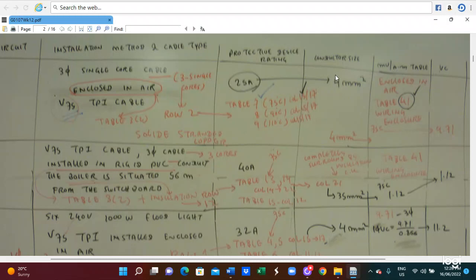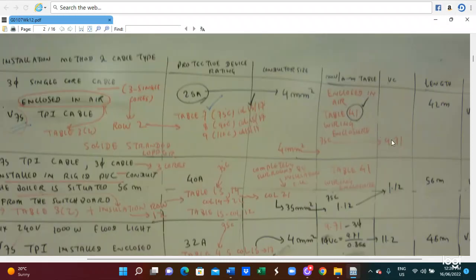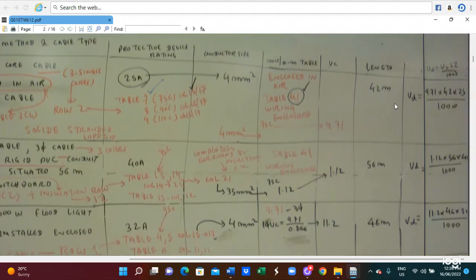Then we select the conductor type, 4 millimeter square. Then use table 41 with the 4 millimeter square conductor. Then we calculate the Vc. We substitute in the formula, equal to Vc L I divided by 1000. So this is the Vc value we substitute, L is 42, current 25, divided by 1000. So this is the way we calculate the voltage drop.